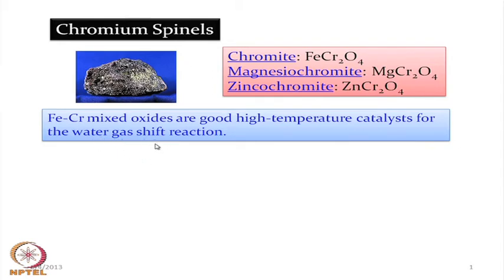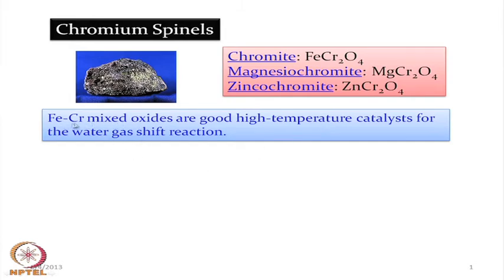The water gas shift reaction can show catalytic activity due to the presence of either chromite or some synthetically prepared material, which we can prepare in the laboratory for its catalytic behavior.